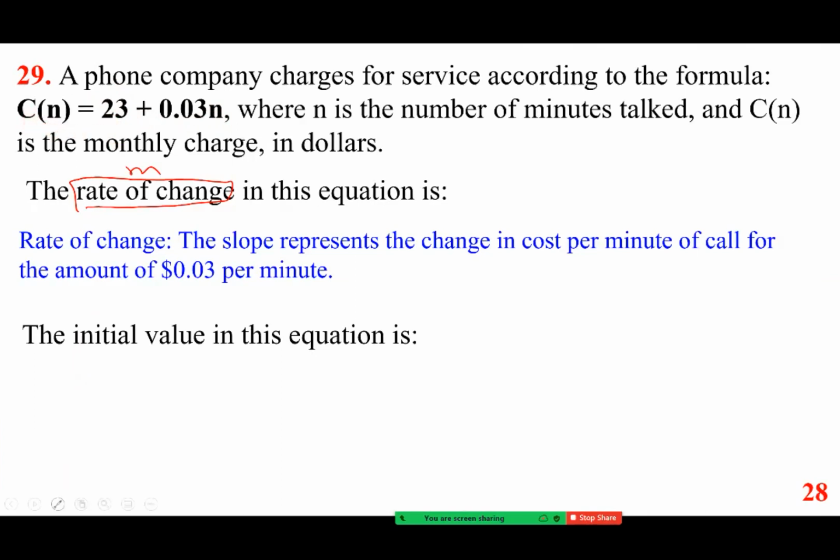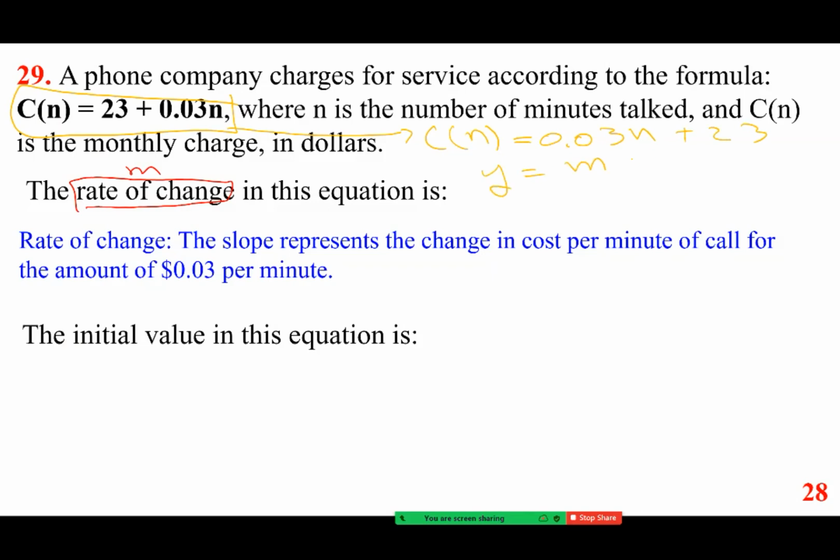So let me just rewrite this, and I want to show you what happens. If I were to rewrite it again, it would be c equals 0.03n plus 23, where 0.03 would be m.